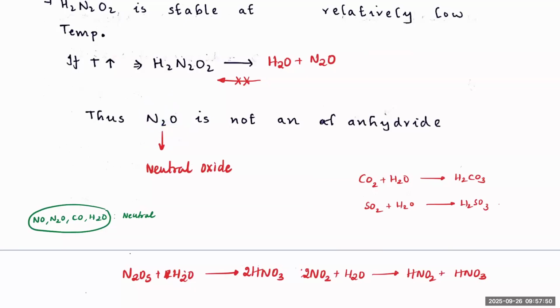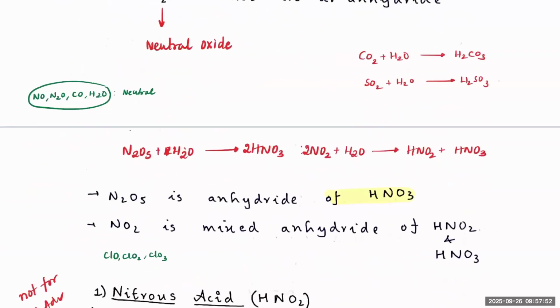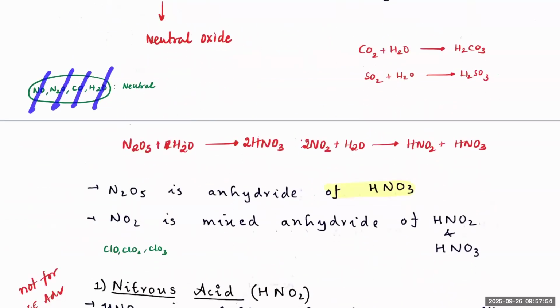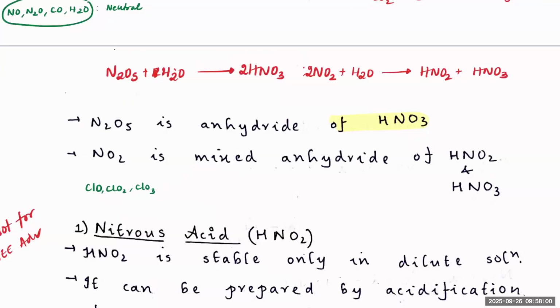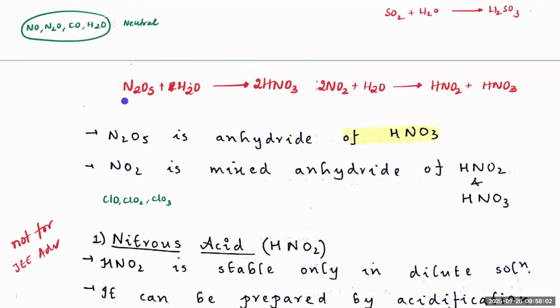Overall, we have only four neutral oxides that include NO, N2O, CO, and H2O. Next, N2O5 when you hydrolyze, this is what I told you already. So N2O5 is an anhydride of HNO3. Next, if I add NO2 to water, what happens?